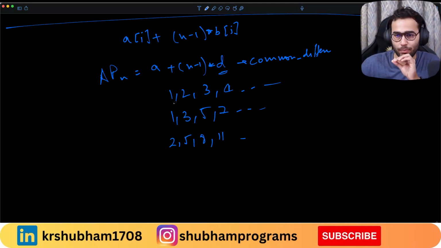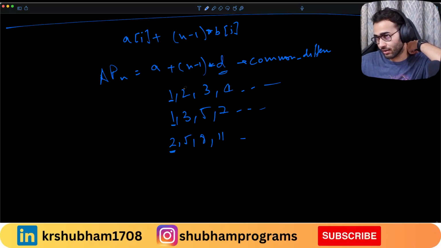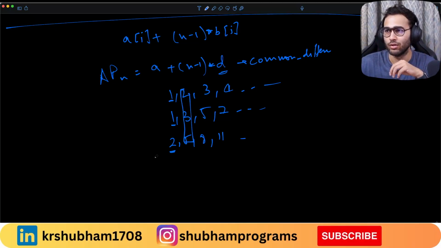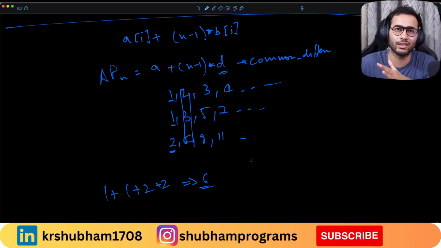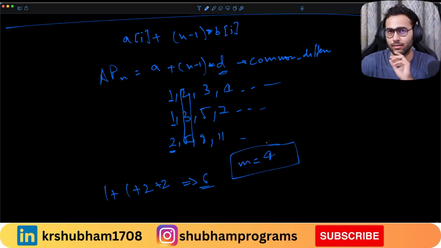So if we were to buy, let's say, 4 items, we'll pick this one, this one, and this one, and then we can pick the minimum of these. So that will be 2. So we'll have 1 plus 1 plus 2 plus 2. So 2 plus 2, 4 plus 1, so 6 will be the minimum cost in this case to get m equal to 4 items, right?